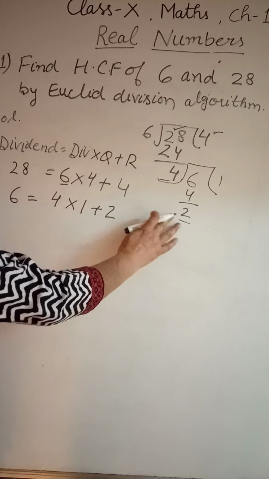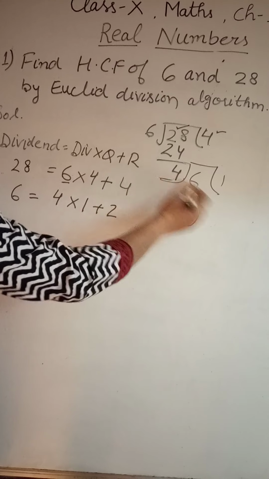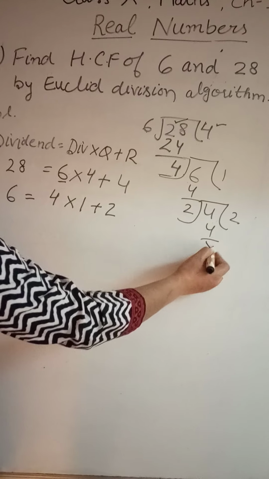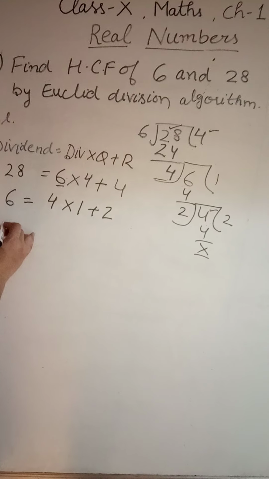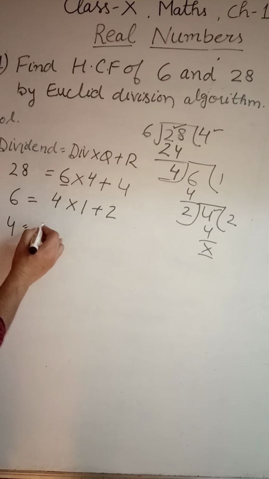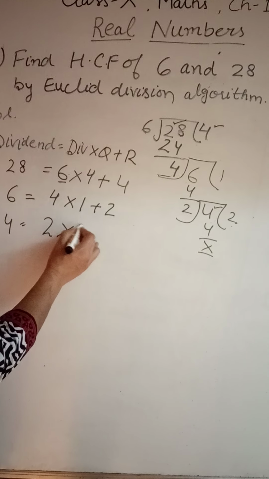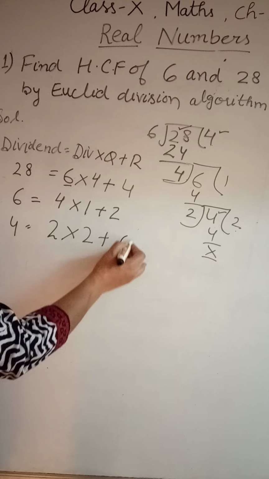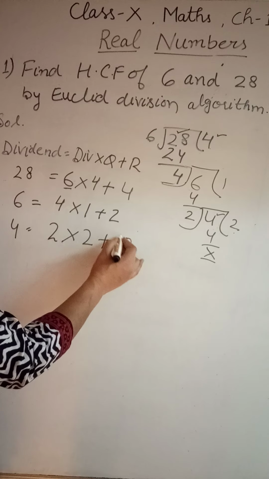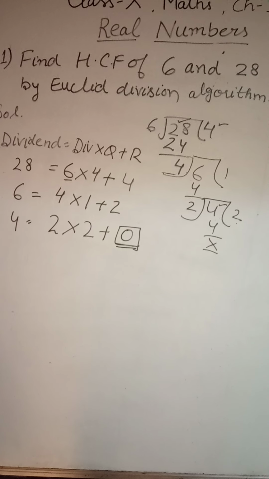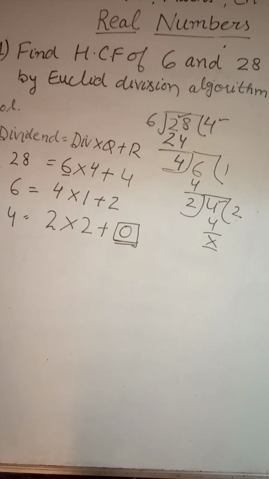But again the question is not being solved, so we kept 4 inside. 4 is dividend, 2 is divisor, quotient is also 2 but remainder is 0. So we have to solve our question till we get our remainder as 0.